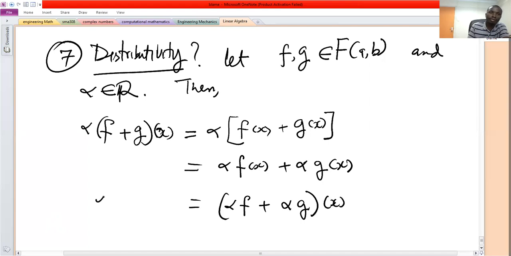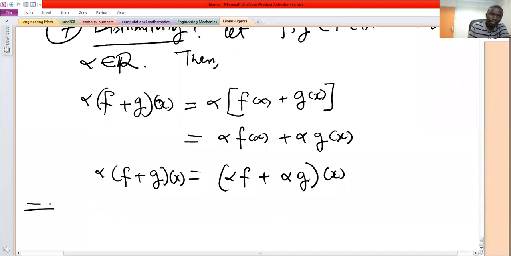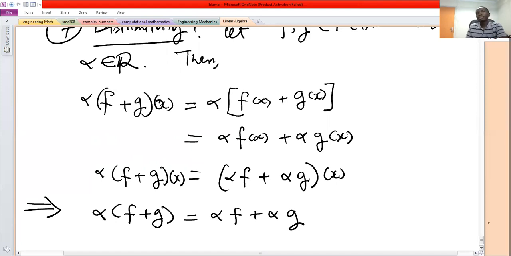Remember we came from alpha f plus g of x. So this implies that alpha into f plus g is the same as alpha f plus alpha g. And this is the distributive property we were to prove.